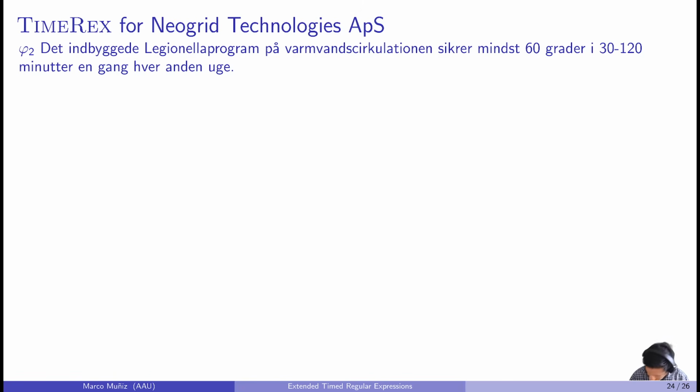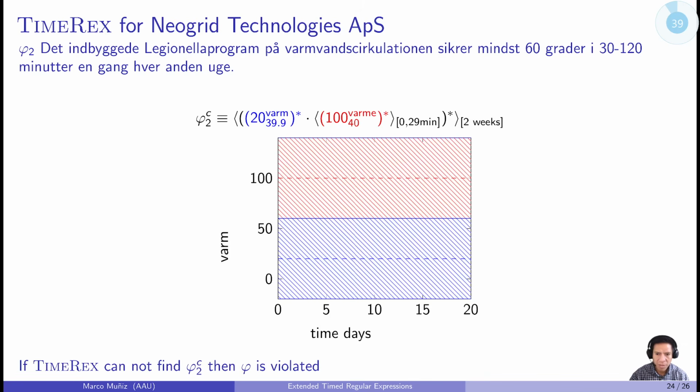Now with my colleague Marius, we spent some time thinking on how to encode this, and we came out with this regular expression, which is the complement, right? So something bad is an execution that in 2 weeks is never staying in this red area, is not hot for 30 minutes.